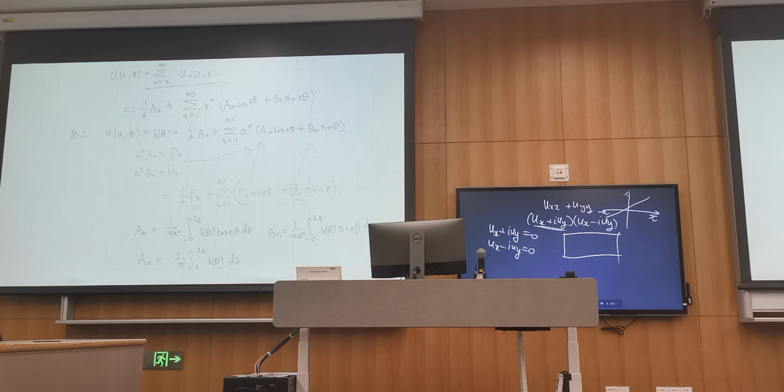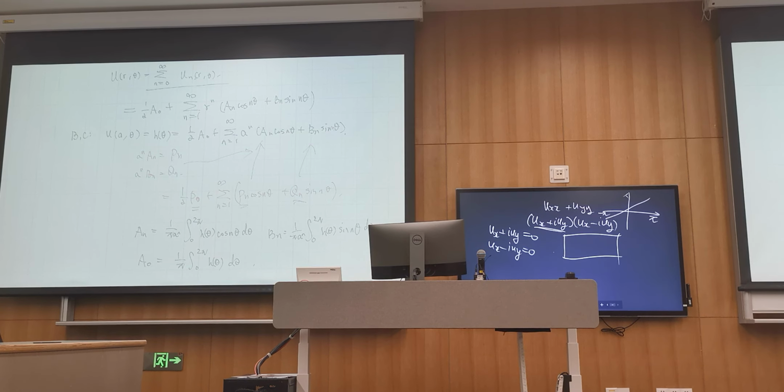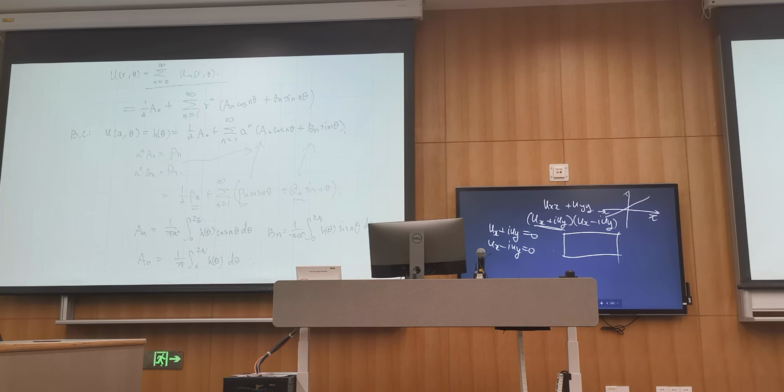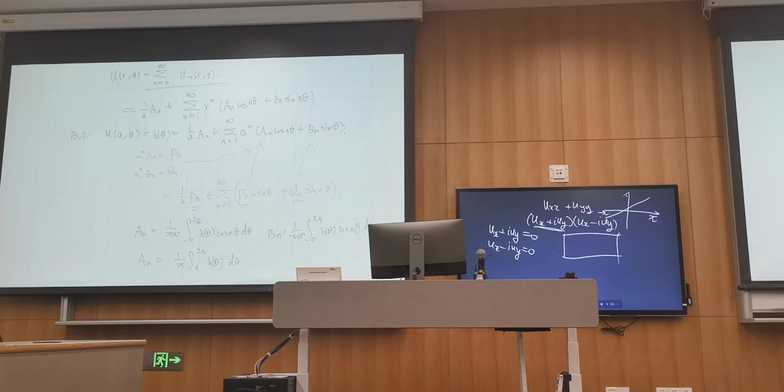Then bn is 0, and this integral is going to be 0, right? Because the integration of cosine n theta is always 0. What about this one? Also 0. So that means these terms don't exist.